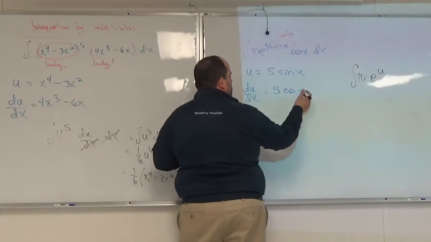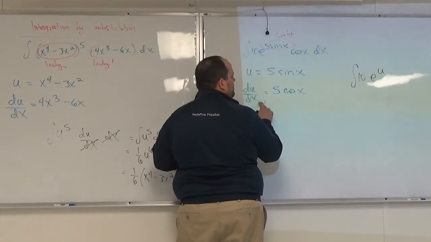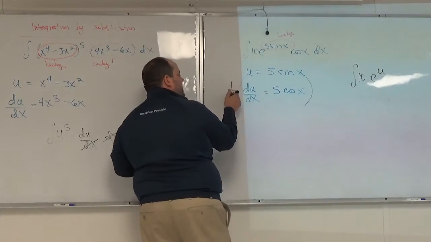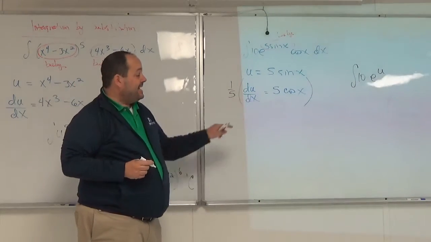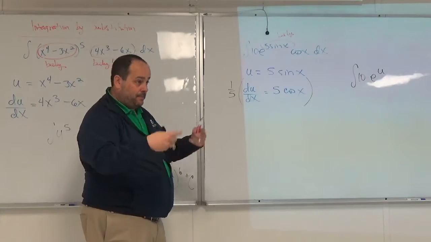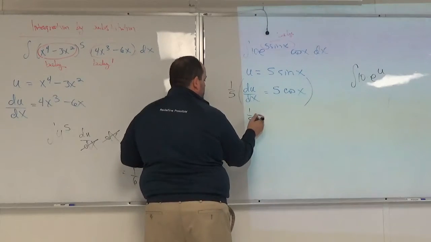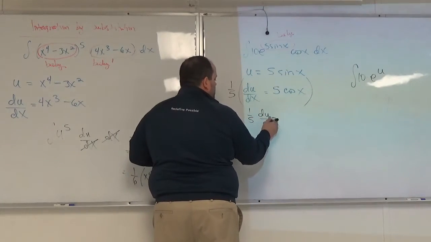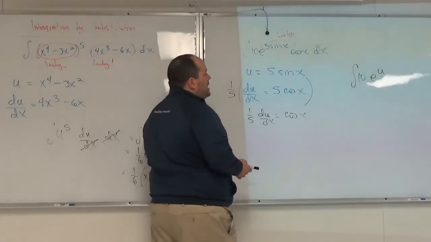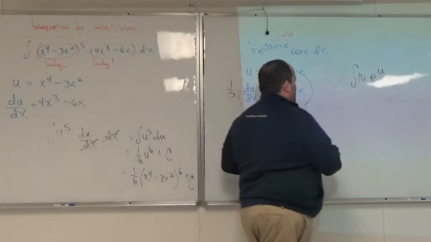Some folks are going to say, well, if this is the derivative of the baby and I've got cosine, what if I multiply both sides by 1/5? Is that legal? Right, so I'm using proper equation stuff. Sorry, my brain's not fully working here. So 1/5 du dx is cosine of x. So now I do have a way to replace cosine.